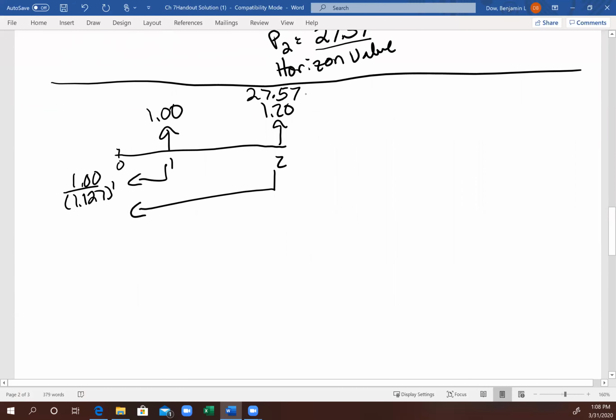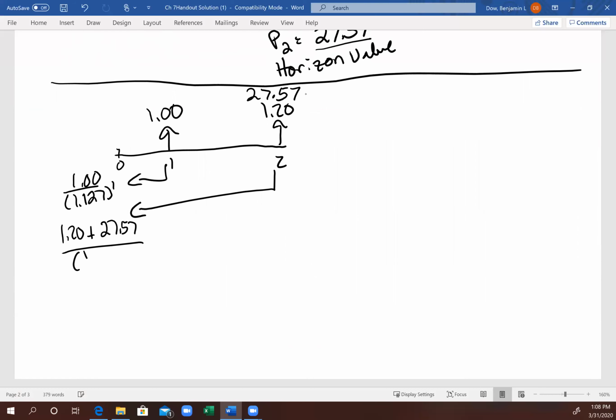Since the dollar is coming 1 year from now, and the year 2 cash flow is $1.20 plus $27.57, and it's 2 years from now, I should be able to find the present value of those, add them up, and that would then give me the intrinsic value.